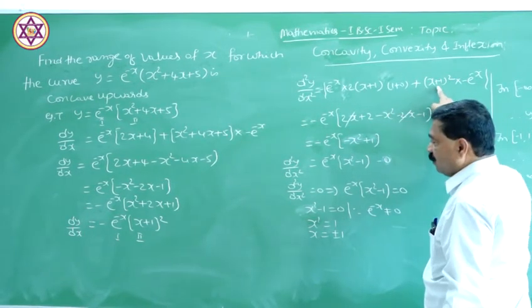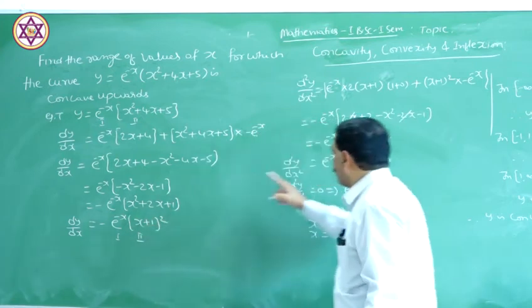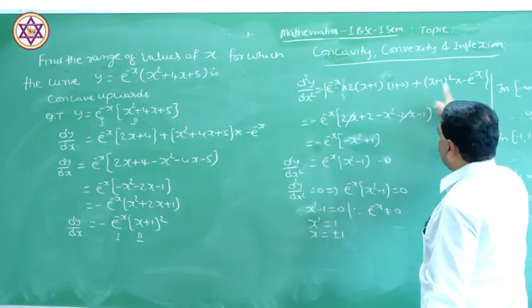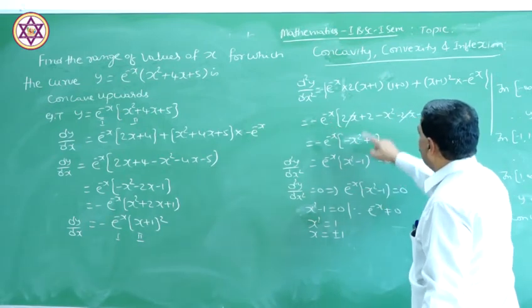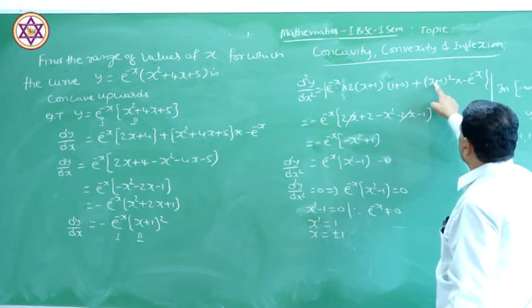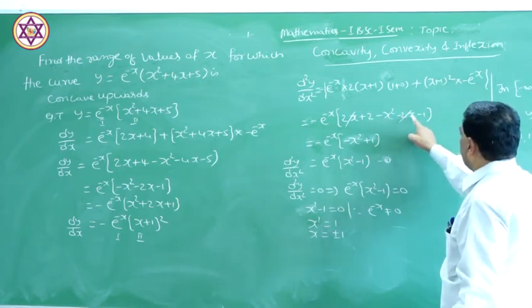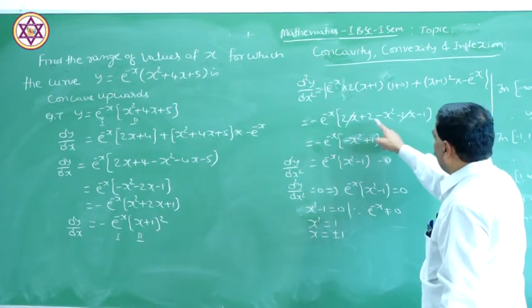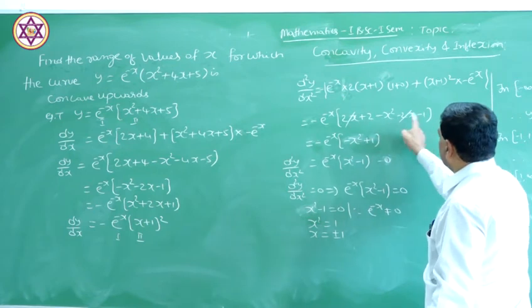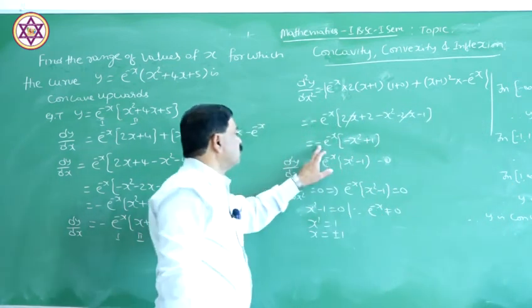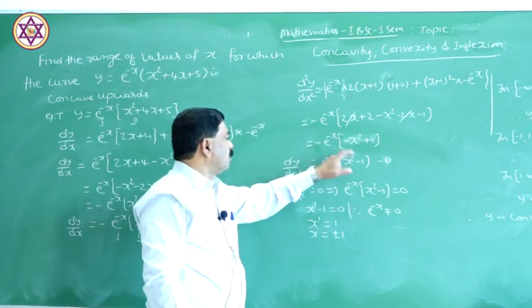Next, second into derivative of first, where the derivative of e^(−x) is −e^(−x). Again from these two terms, e^(−x) is common, giving 2x + 2 here. Here expand x² + 2x + 1 and multiply by minus: −x² − 2x − 1. Here 2x cancels. Here we get −x², and 2 − 1 means 1. If we take the negative sign inside, minus into minus gives plus: x² − 1.